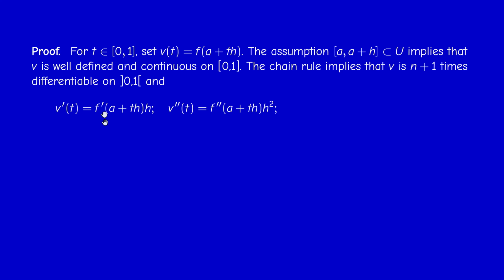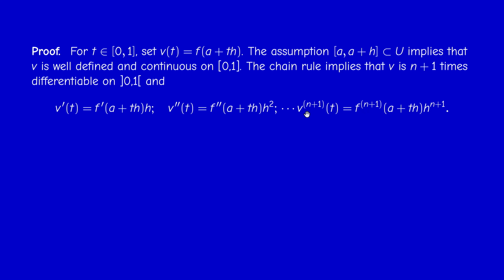If we differentiate another time with respect to t and use the chain rule again, you get that v double prime is f double prime of a plus th evaluated at h, h, or h squared. So you can use this. So all the rules of differentiation are the same that you learn at school, but here instead of numbers we have linear and multilinear maps. Okay, but formally it's the same.